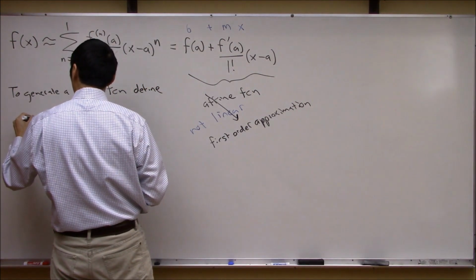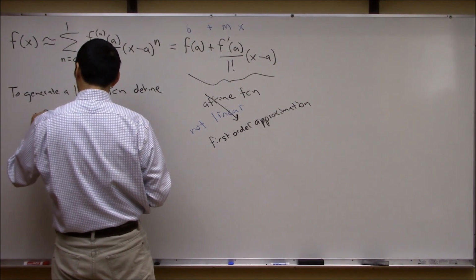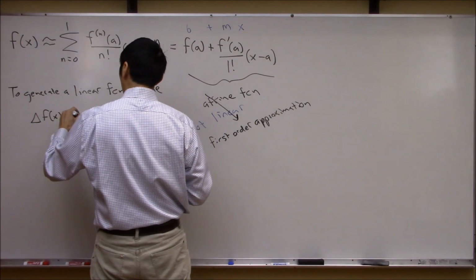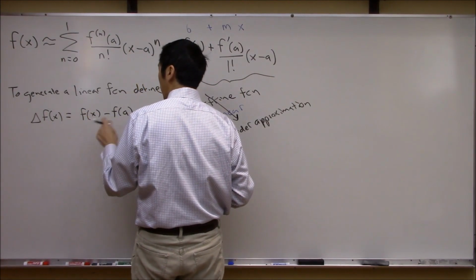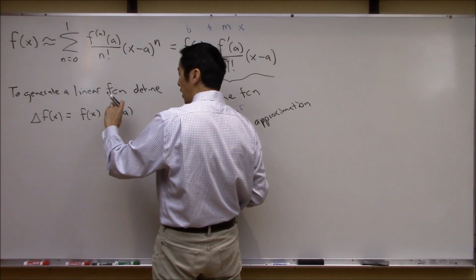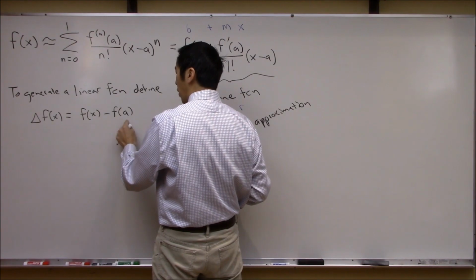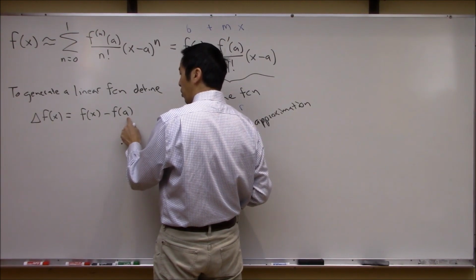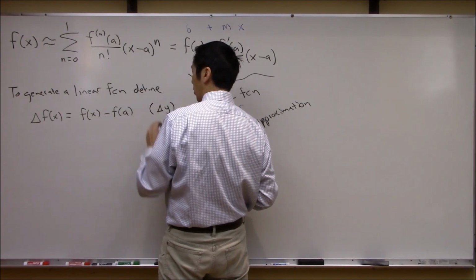So let's define delta f of x as being f of x minus f at the expansion point, right? So if you think about this long enough, this is almost like a perturbation in the y direction. It's how far away is the function from the function at the expansion point, right? So this is almost like a delta y term, right?